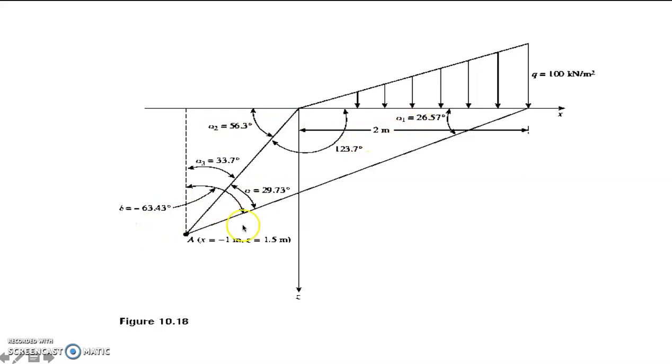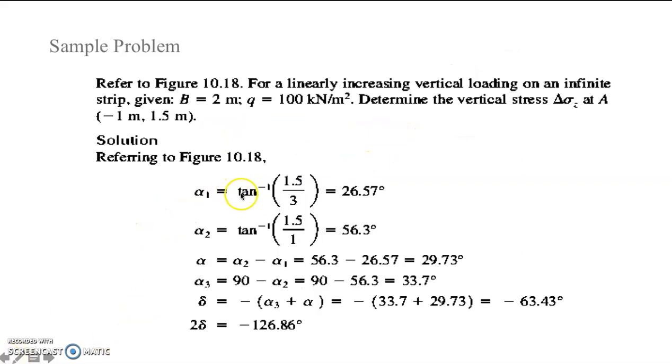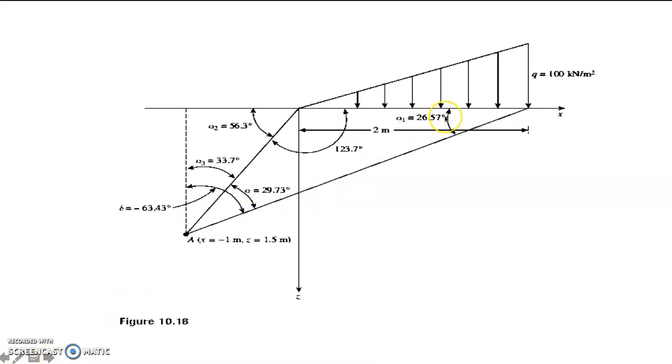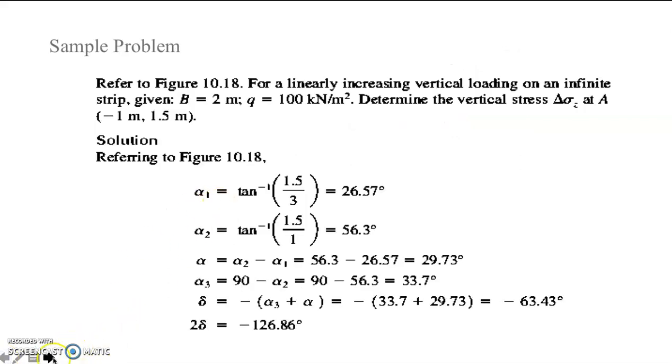If we're going to get alpha 1, it is arctan of 1.5 all over 3. Alpha 1 is this one.